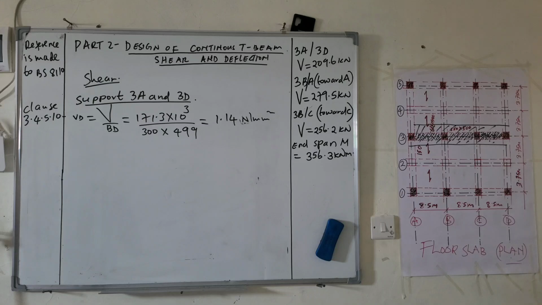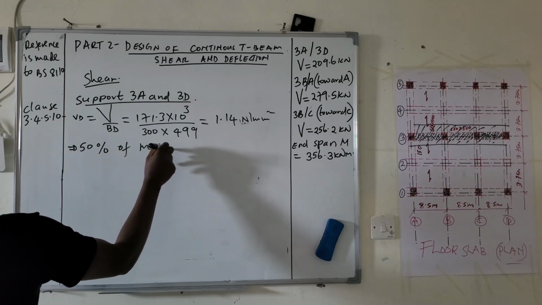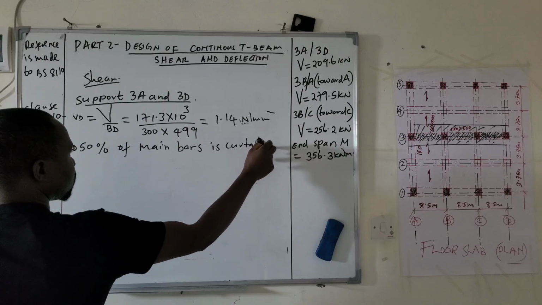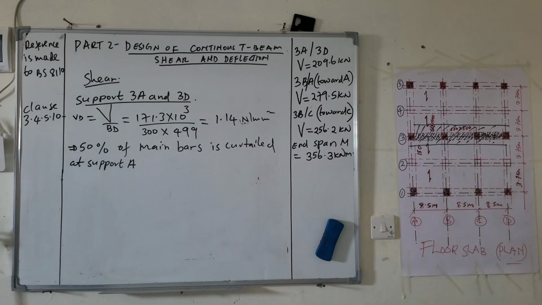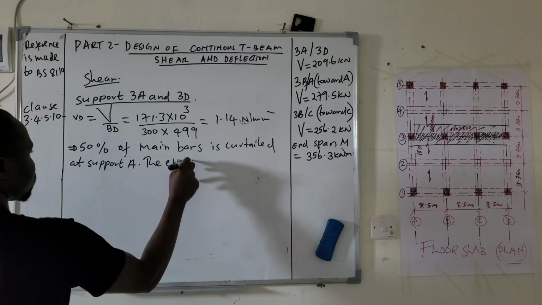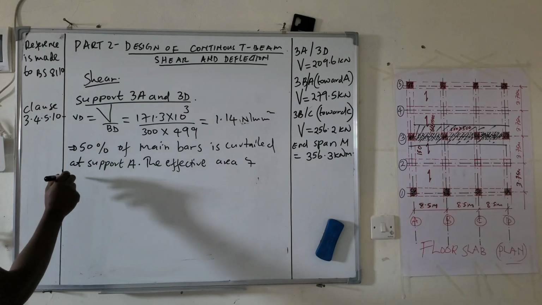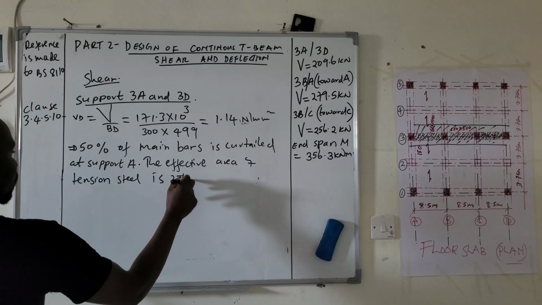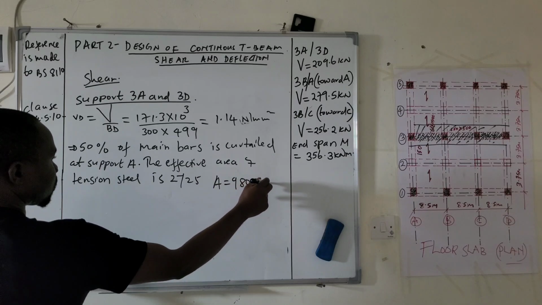So we will say 50% of the main bars or steel is curtailed at support A. At support A, the effective area of tension steel is 2Y25, then the area is equal to 980 millimeter square.